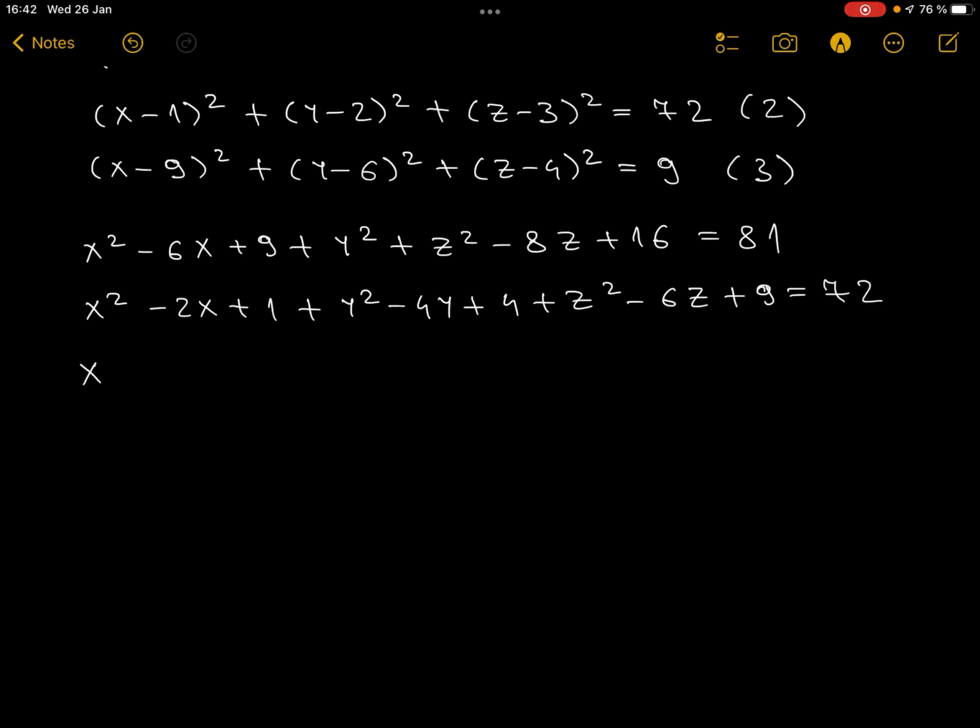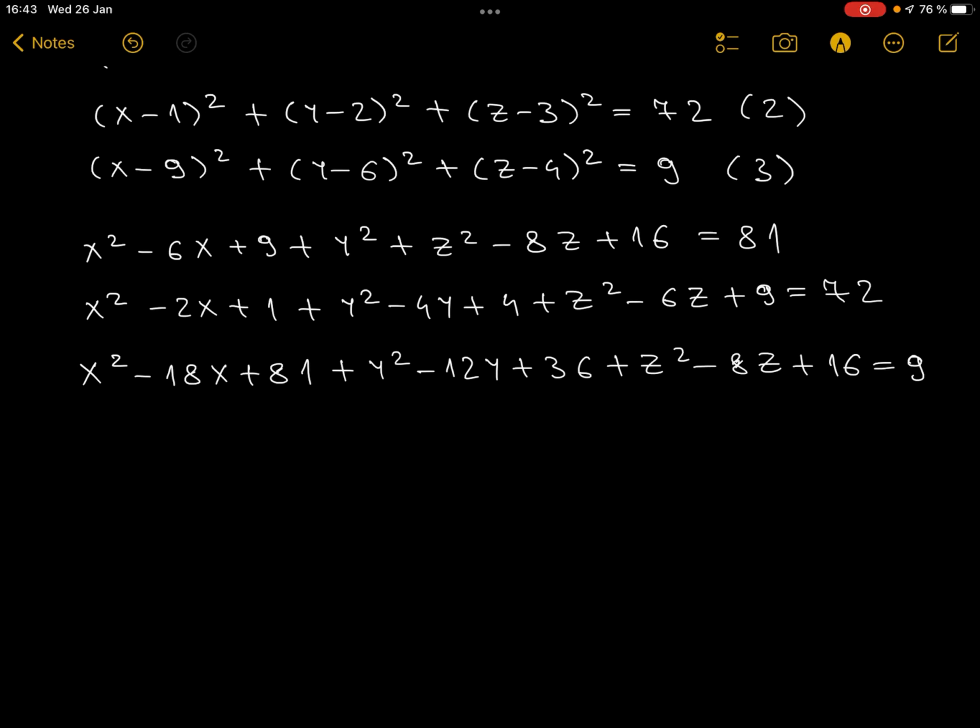And for the third one, we'll have that x squared minus 18x plus 81 plus y squared minus 12y plus 36 plus z squared minus 8z plus 16 is equal to 9.